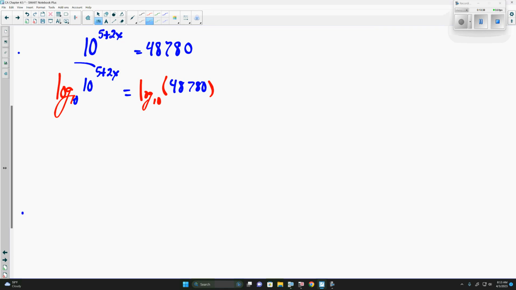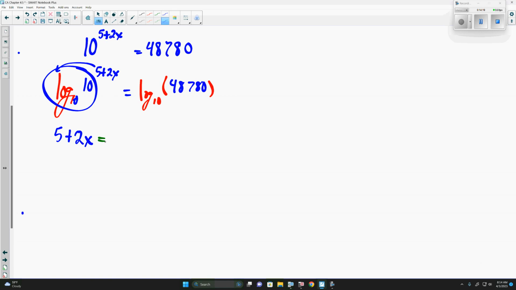At this point here, we can bring the exponent down, 5 plus 2x. Now, log base 10 of 10 is what? 1, yes? So we could rewrite it. We could put this in parentheses and say log base 10 of 10, cancel it out, it's equal to 1. Or we can already simplify it, because we know that's going to simplify down, yes?